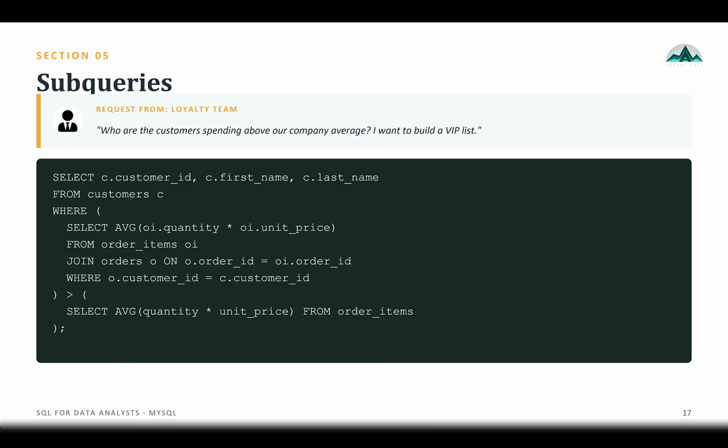So let's break this down. We have this singular query here, which is just the average revenue. We are only bringing back the revenues that are higher than this. And then now we're selecting the customer information from here.